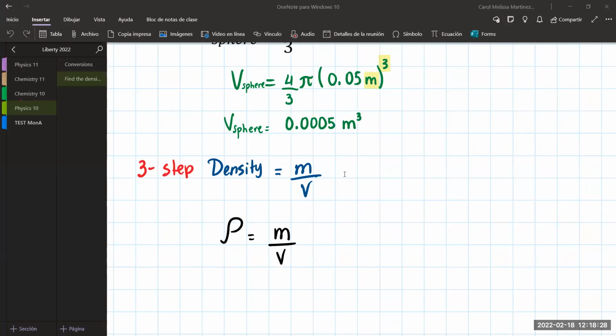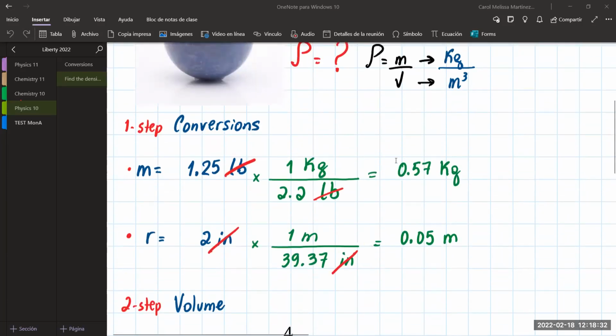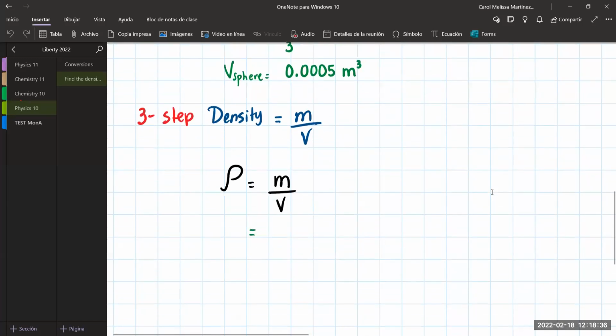The mass is 0.57 kilograms, and the volume is 0.0005 cubic meters.